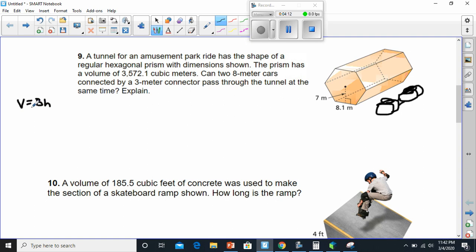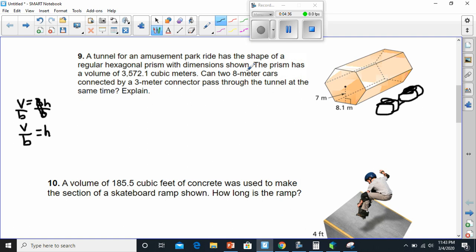Remember, I'm dividing by b to get h alone, which takes out my b's and leaves h by itself. So we have a new formula, volume divided by the base will equal the height.